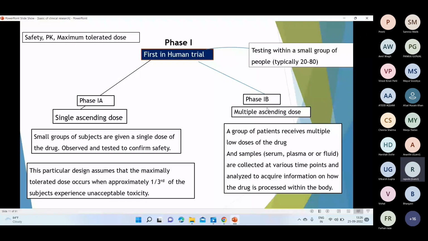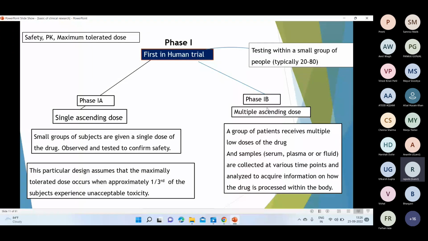So, unintended effects of the drug should not be there. By measuring those effects, we'll see whether the drug is safe or not. PK parameter means the absorption, distribution, metabolism, and excretion. Then the third thing is maximum tolerated dose.